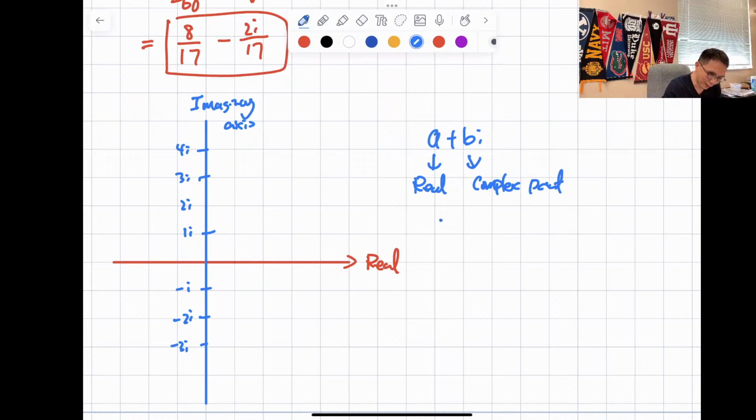If I have 2 plus 3i, you go to the real axis, to the 2 coordinate, 2 here, and 3i. So this point we're going to call 2 plus 3i. They used to be on the SAT. It's no longer on the SAT anymore, but I still want to teach you a little understanding of complex numbers. So instead of 2 comma 3, it's actually 2 plus 3i. It's a coordinate.